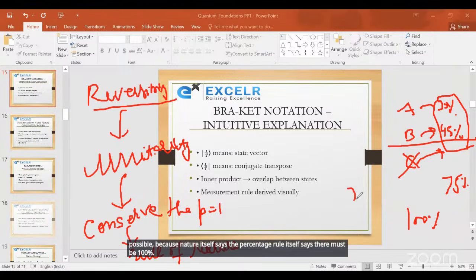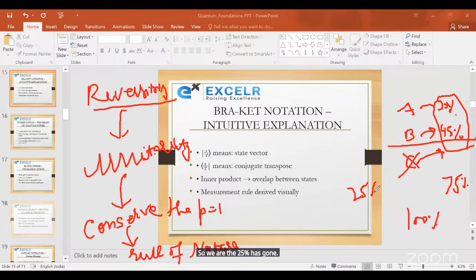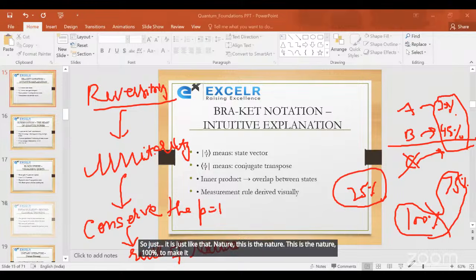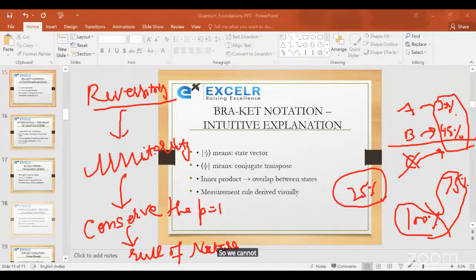So where has the 25% gone? We must assign this 25% to somebody. This is the nature: to make it 100% is the nature. So we cannot allow anybody to leak out probability.